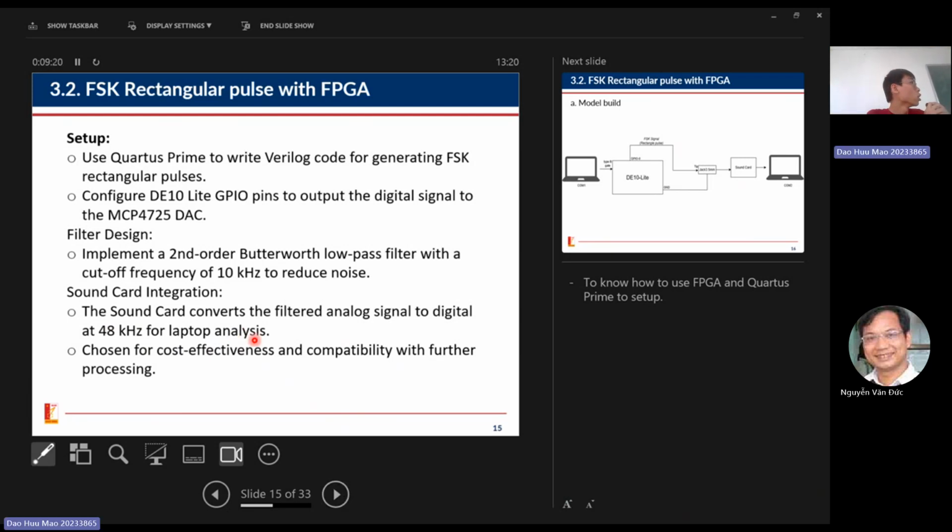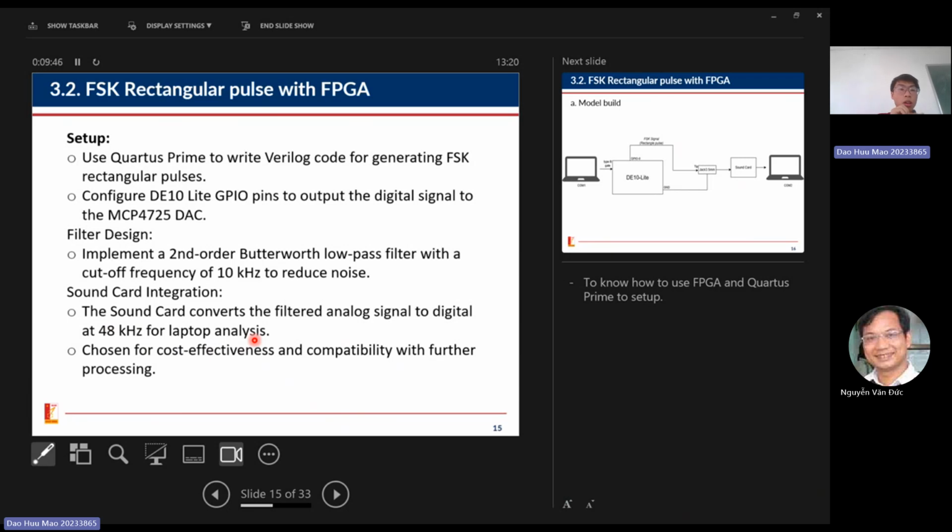So after reviewing the theory through MATLAB, we come to the main problem: deploying on FPGA. But FPGA uses very low-level code for programming and implementation, so we have to become familiar with that first.